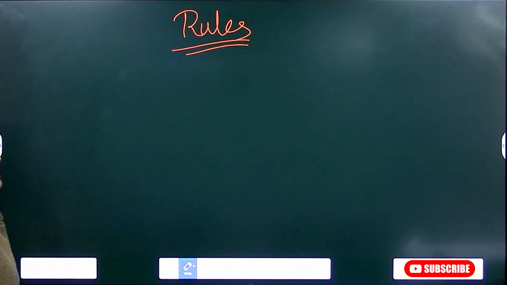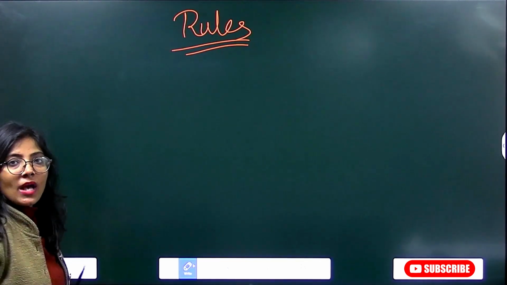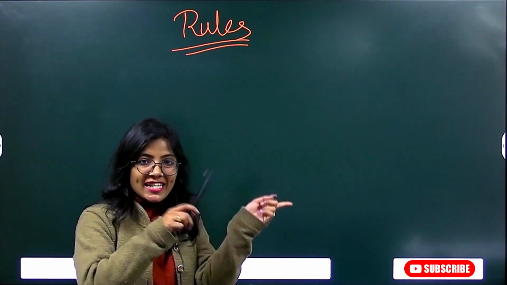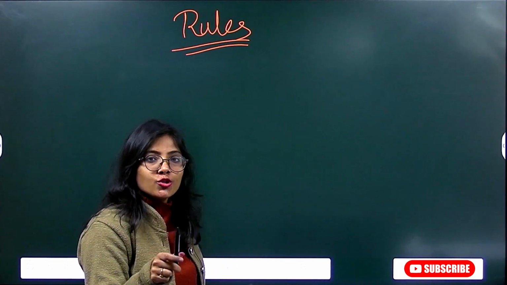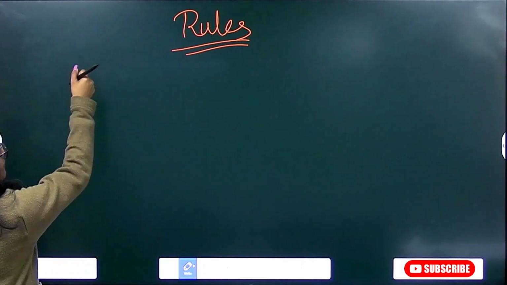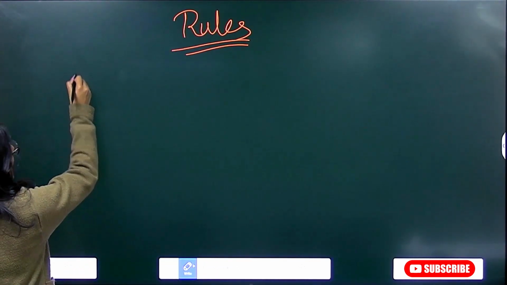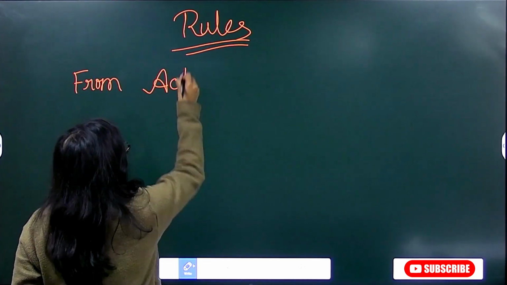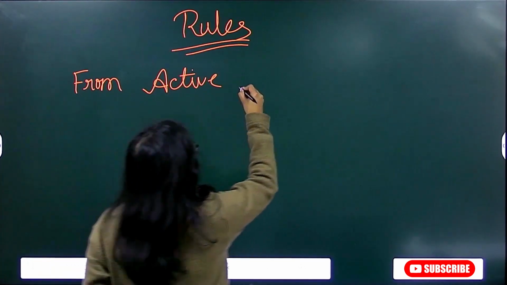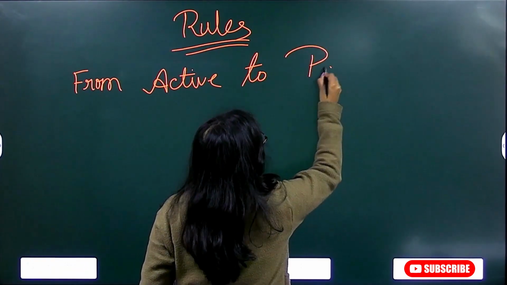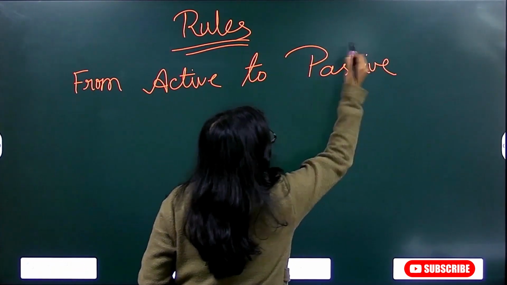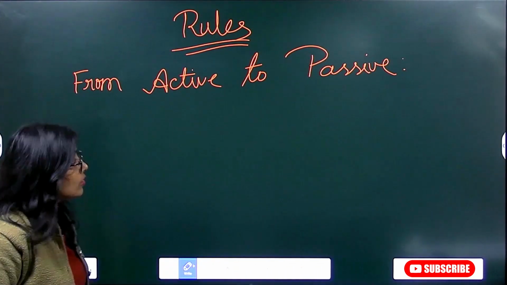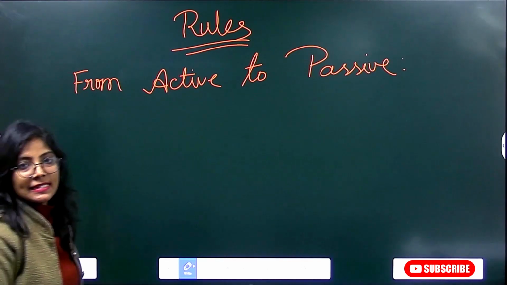Okay, so now rules, when we talk about, first we have to understand, as I told you, कि subject और object पूरा उल्टा हो जाएगा. They will change their respective places. So passive voice में when I'm changing from active to passive, okay, when I'm talking about from active to passive, what is the rule for simple present tense?